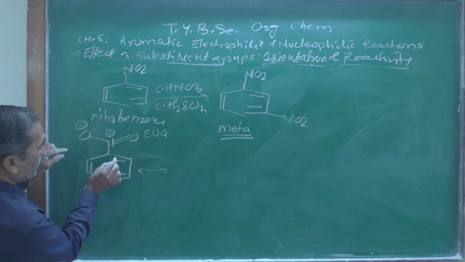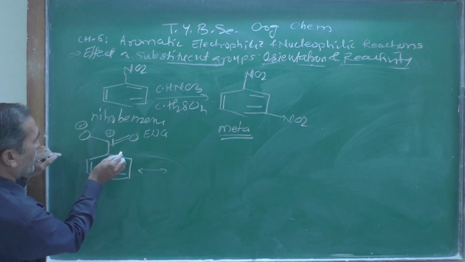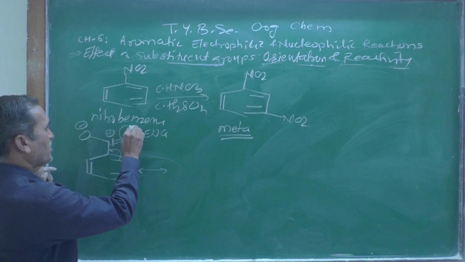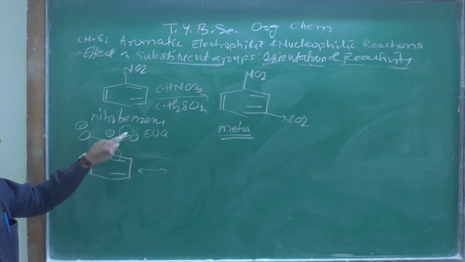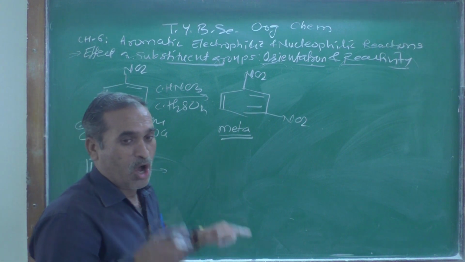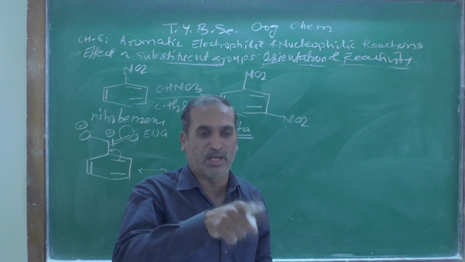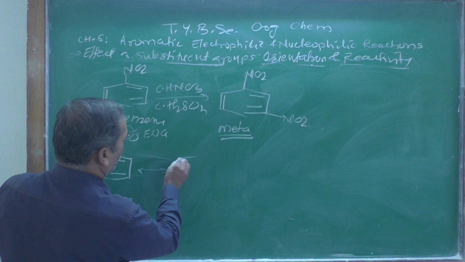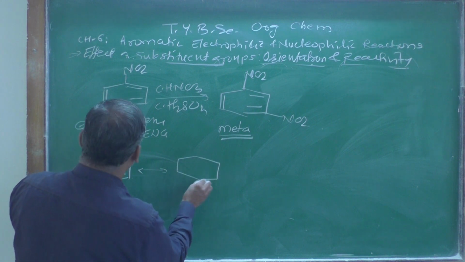This double bond is now shifted from here to here, and then this double bond concentrates the electron density on this oxygen atom, and as we know oxygen is more electronegative than nitrogen, therefore we get this type of product.